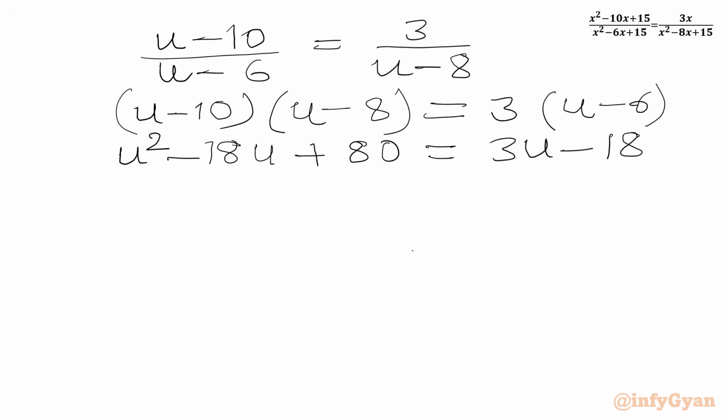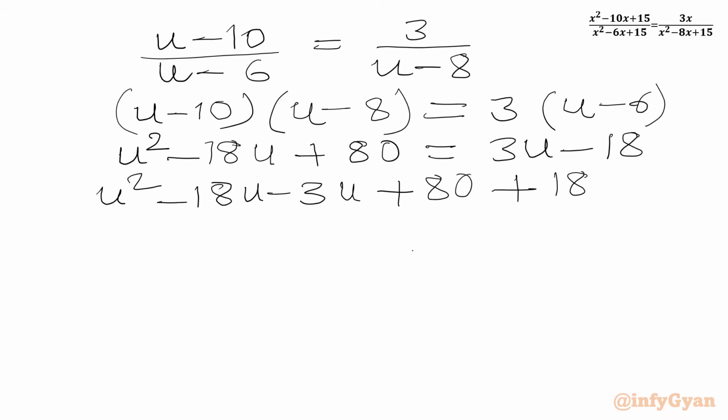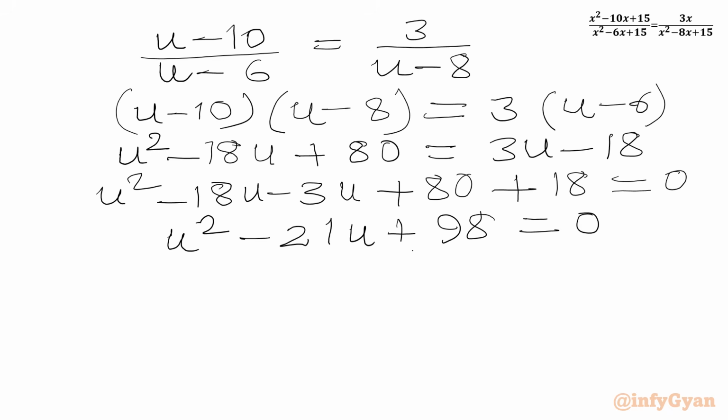Now we will write all the terms on the LHS. So u square minus 18u minus 3u, then we have plus 80, and we will write here plus 18 equal to 0. So from here we get the quadratic equation u square minus 21u plus 98 equal to 0.